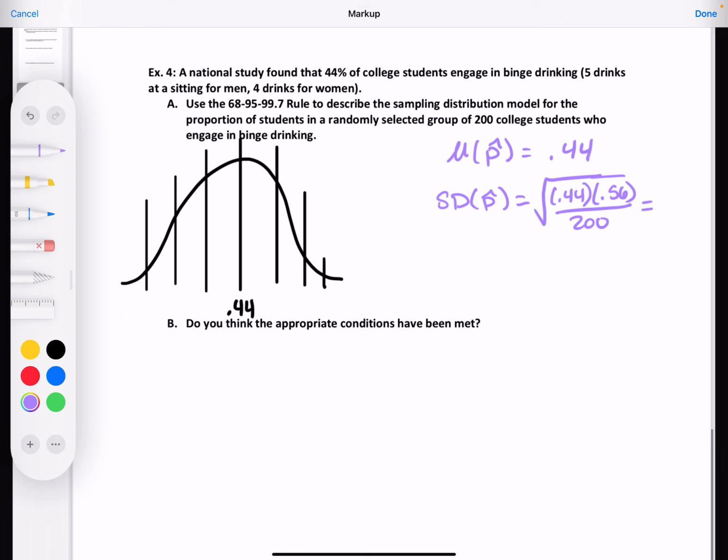What did you say that's equal to, Brooke? I got 0.035. Is that right? That's what I got. I also got that.